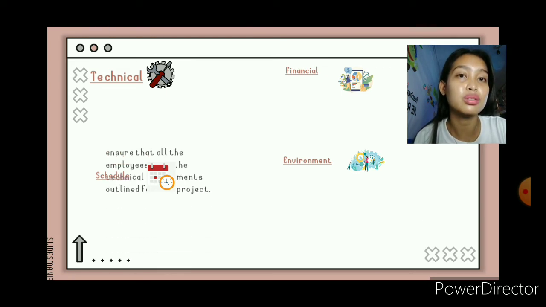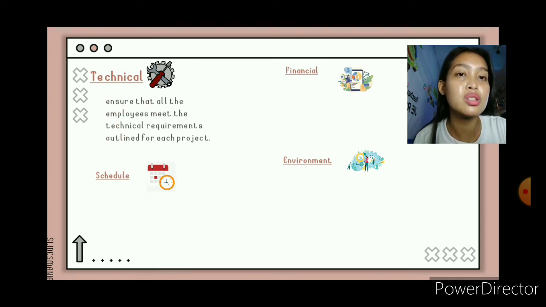So the technical, this ensures that all the employees meet the technical requirements outlined for each project. This technical is talking about the facilities of your company, the operation managers and all.